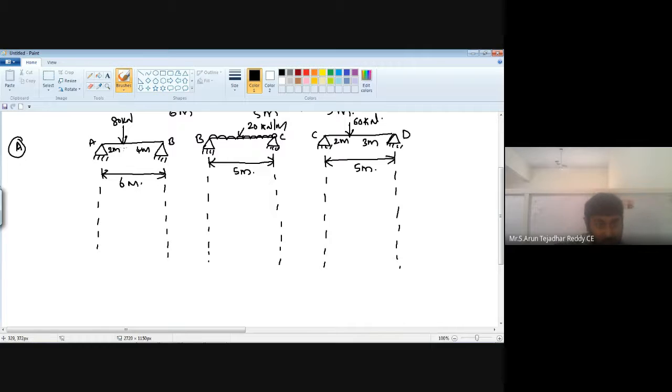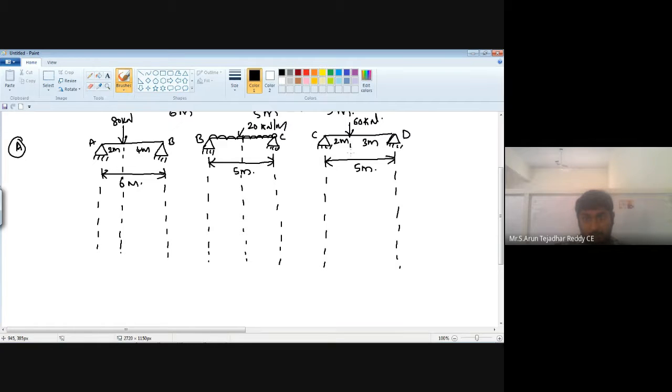Here the load is acting. B to C is a uniformly distributed load and a symmetrical structure, so the maximum bending moment will happen at the center of the span.